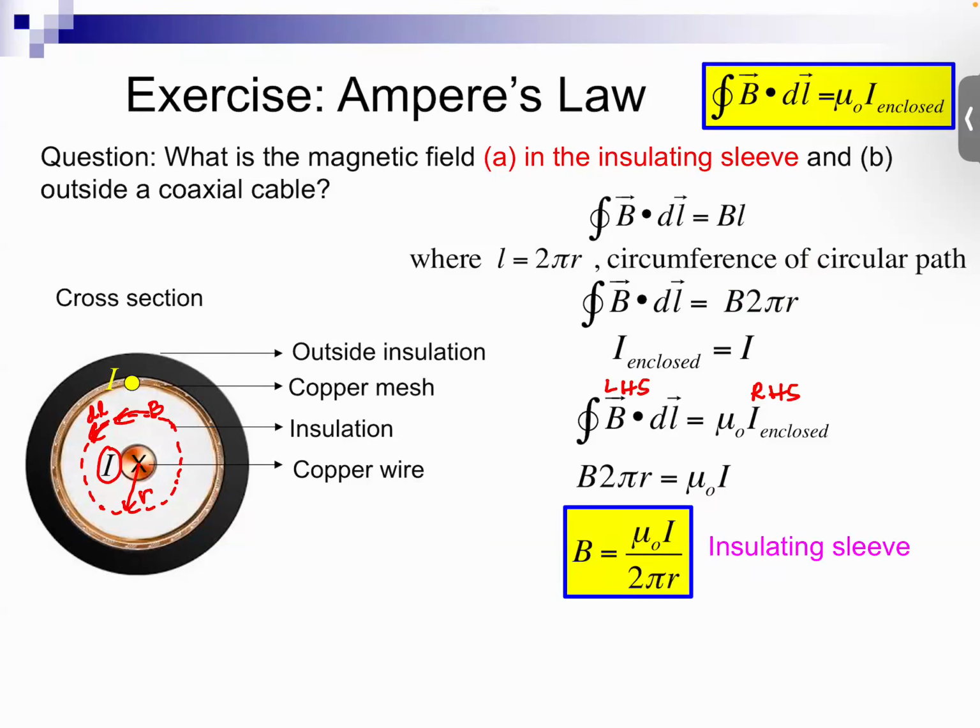Okay. And if you check your answer, it should make sense, because it's as if you just have a single straight wire that carries a current I that's generating the magnetic field in this region here. Therefore, the magnetic field is the same as the magnetic field of a straight wire.